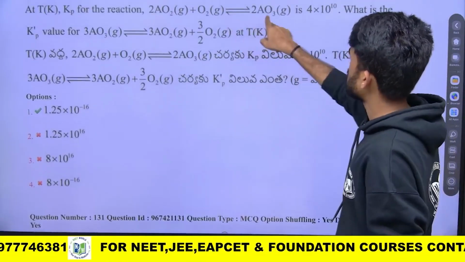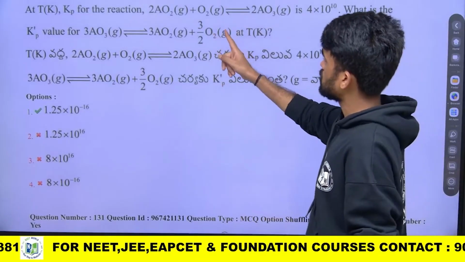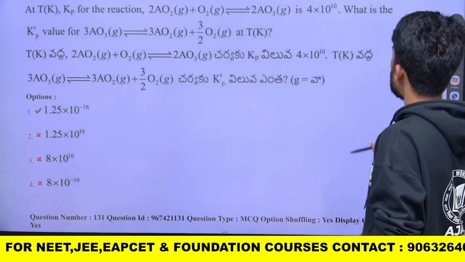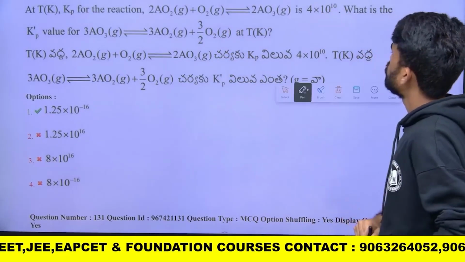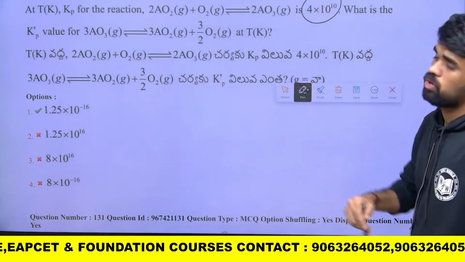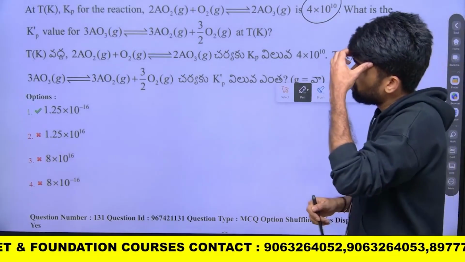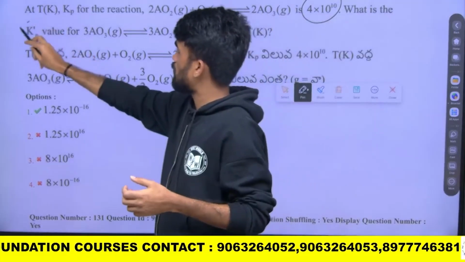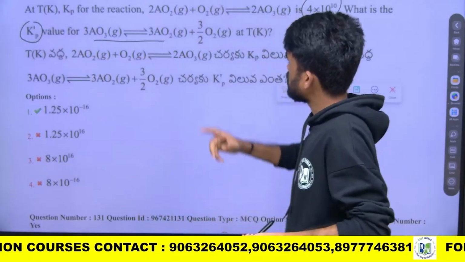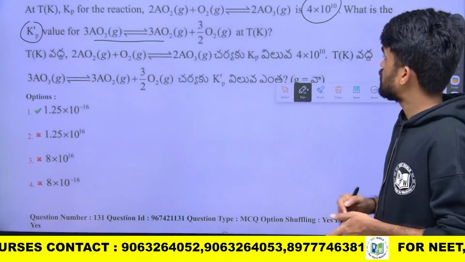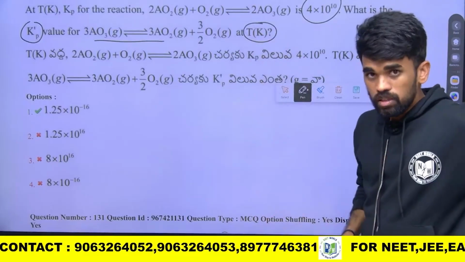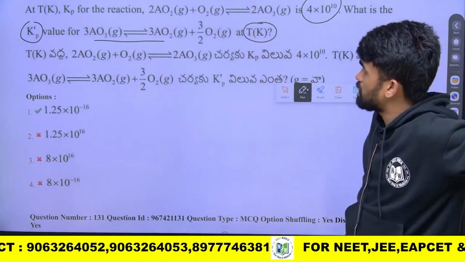So this is a reaction given. So it is an equilibrium reaction, and it has a Kp value of 4 into 10 power 10. Okay, this is the Kp value. Now they are asking about Kp dash by giving this equation. So just observe these two equations which are taking place at the same temperature. So what is the relation between them?